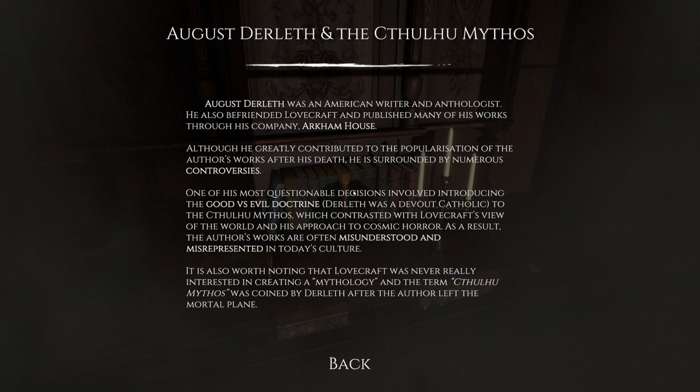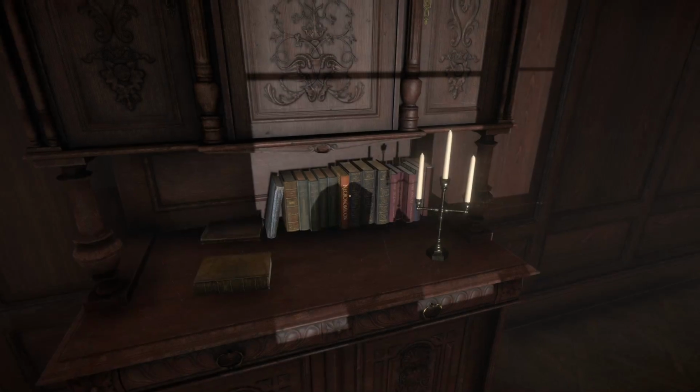Derleth was a devout Catholic, and he brought that view to the Cthulhu mythos, which contrasted with Lovecraft's view of the world and his approach to cosmic horror. As a result, the author's works are often misunderstood and misrepresented in today's culture. It is also worth noting that Lovecraft was never really interested in creating a mythology, and the term Cthulhu mythos was coined by Derleth after the author left the mortal plane.